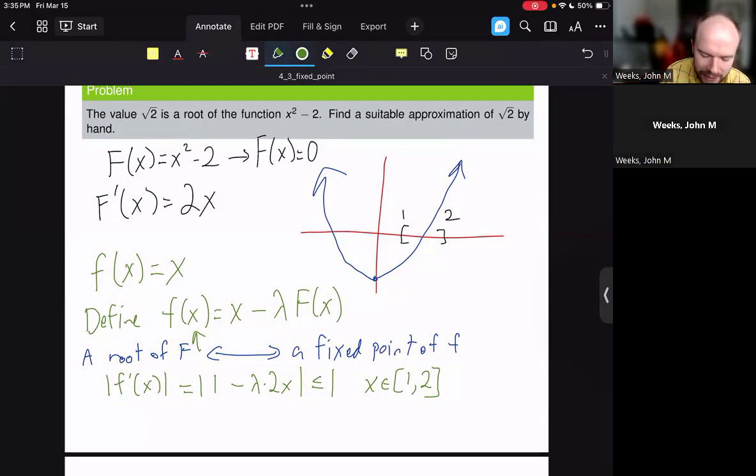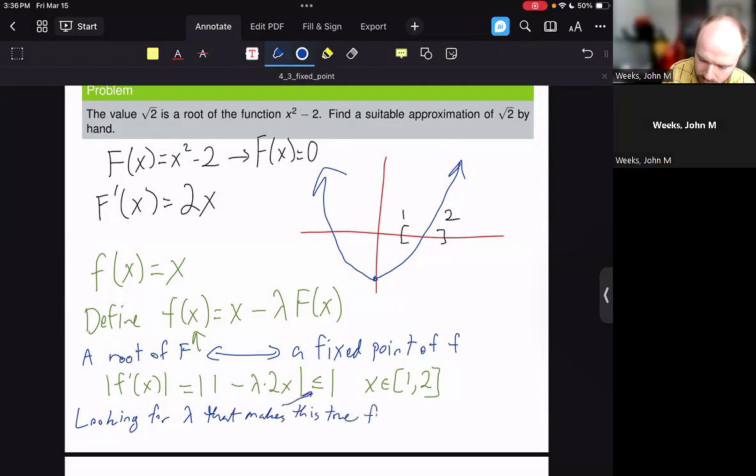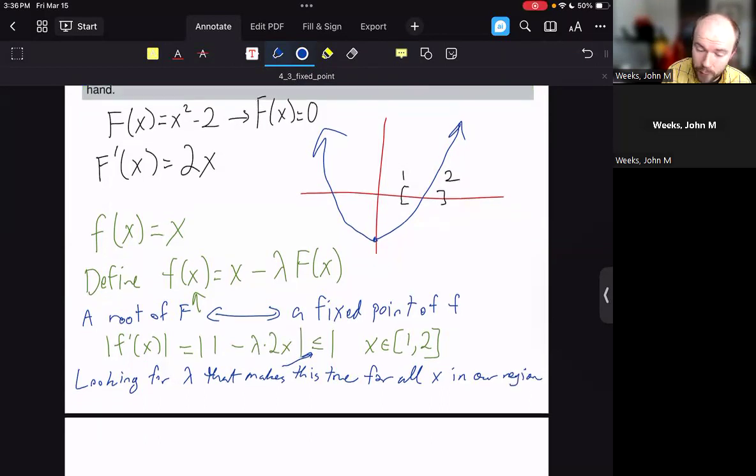So I'm looking for a lambda that makes this true for all x in our region. Well, what's the biggest that 2x can be in this region? The biggest it can be is 4.